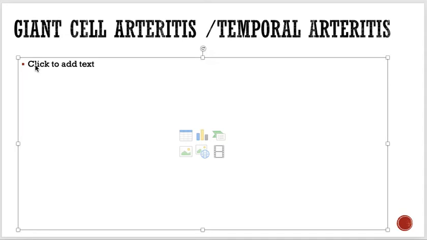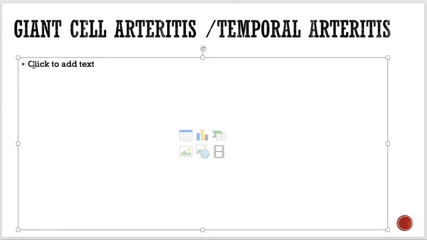So giant cell arteritis or temporal arteritis, they are the same thing, first of all. And as I told you, this one is the most important condition which you have covered.